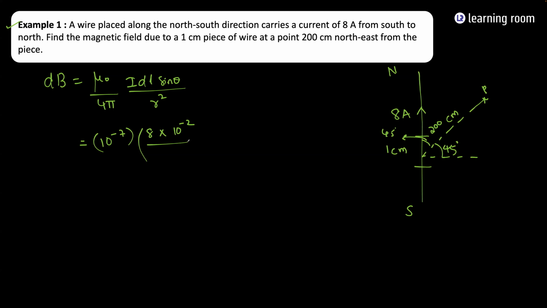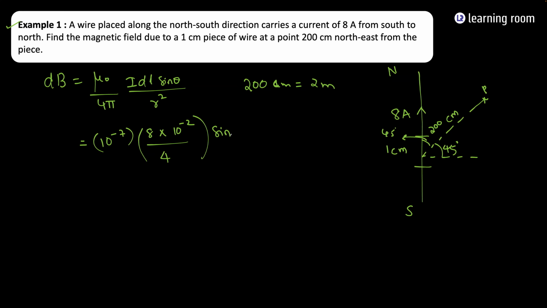The whole divided by r square. R is the distance from the current carrying conductor to the point where you are measuring the field. 200 centimeter is basically 2 meter, so r square is 2 meter square. So it should be 4 into sine of how much?